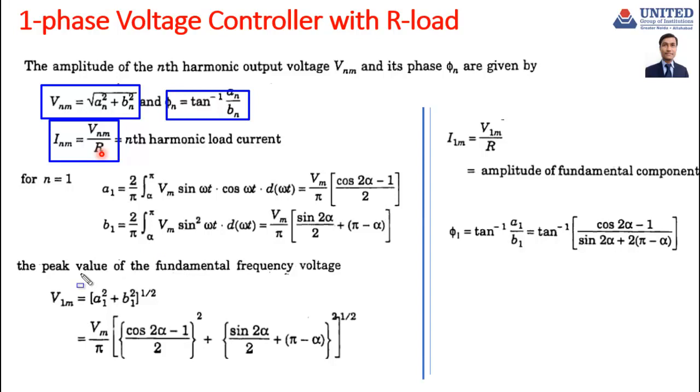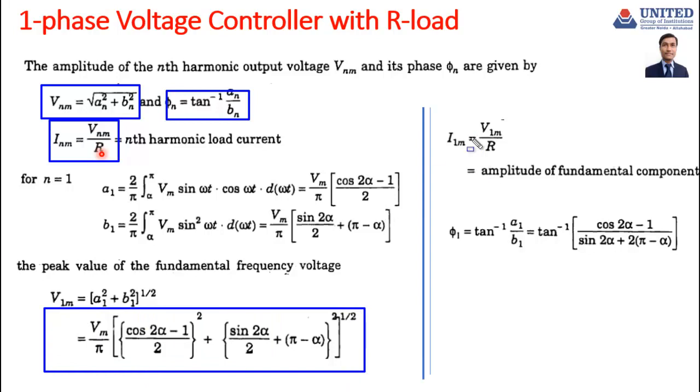After that, the peak value of the fundamental frequency voltage can be calculated, which is given by V1m equal to the square root of A1 squared plus B1 squared. Because we have already found A1 and B1, we put the values here, so we get V1m.